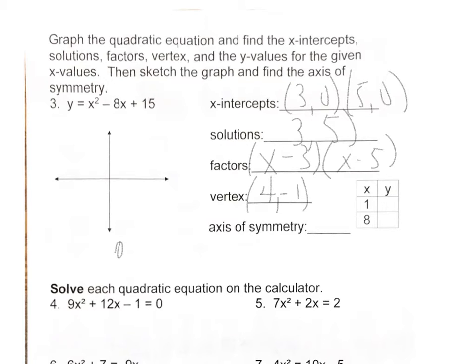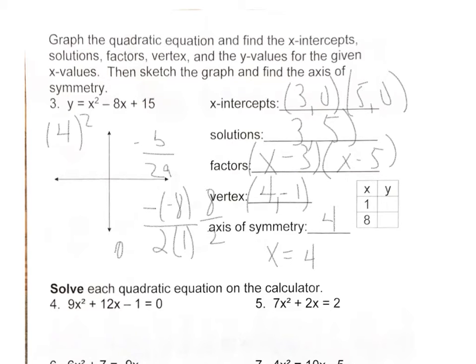That's what I'm telling you. And your axis of symmetry would be 4. So negative b over 2a. So negative -8 over 2 times 1. So it'd be 8 over 2, which is 4. So x is equal to 4. So we would do 4 squared minus 8 times 4 plus 15. So it'd be 16 minus 32 plus 15.